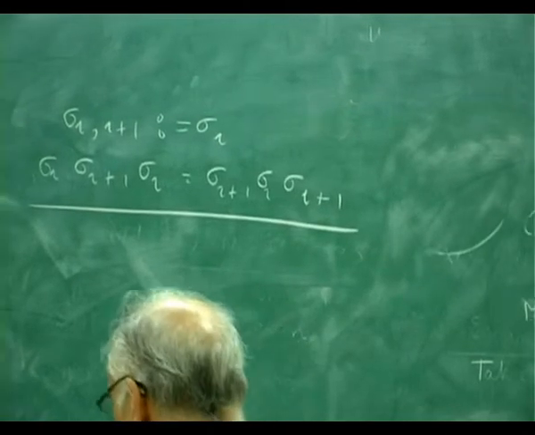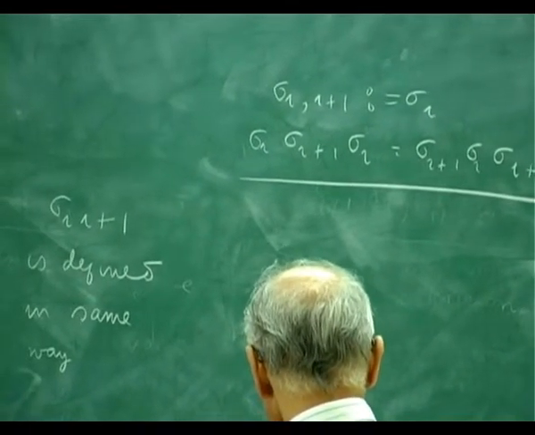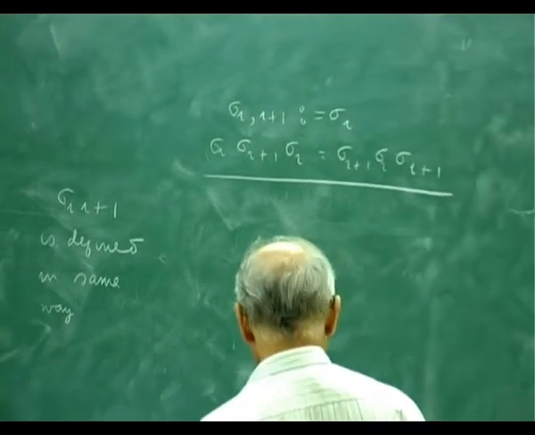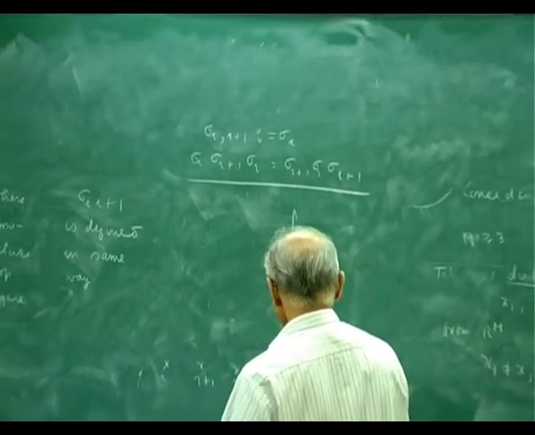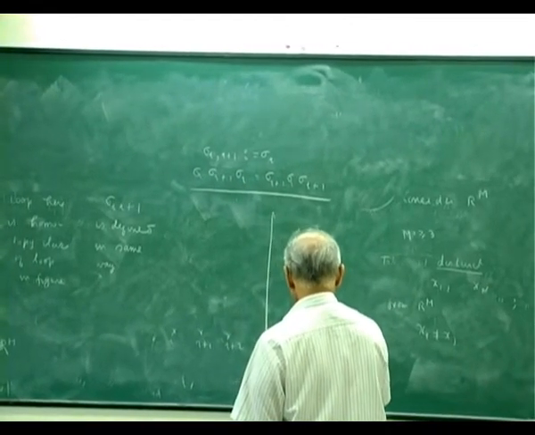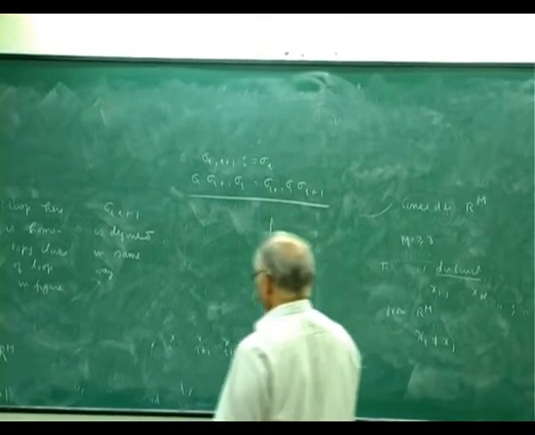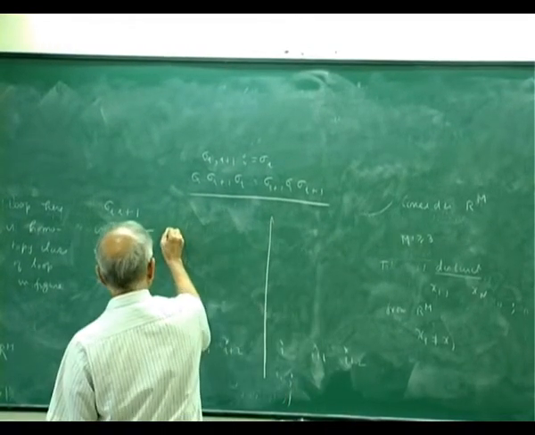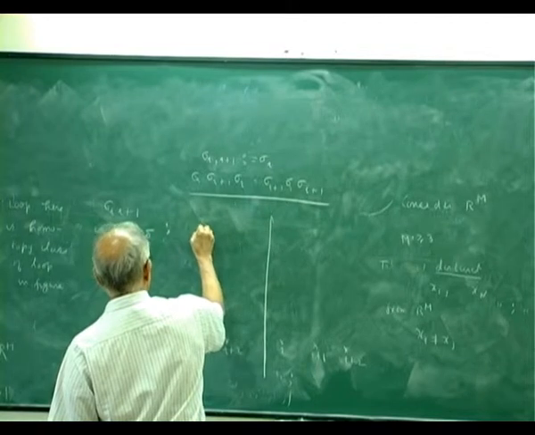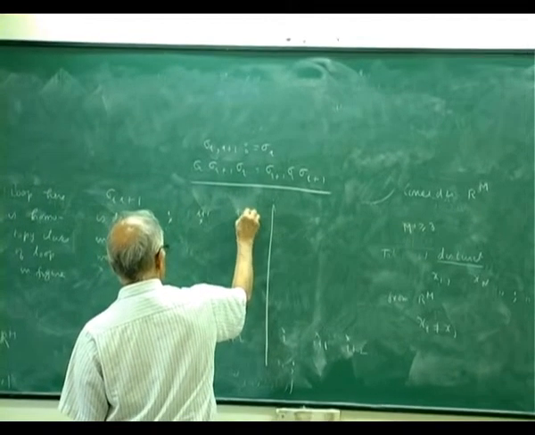So I plus 1, I plus 2 I take, and I draw side by side I plus 1, I plus 2. Then here also I plus 1, I plus 2.